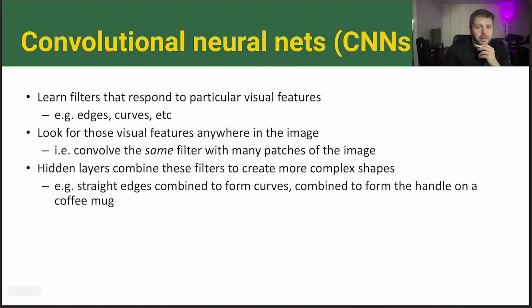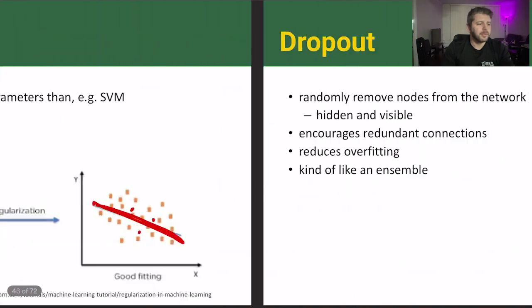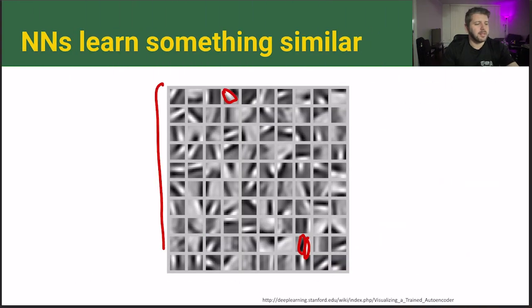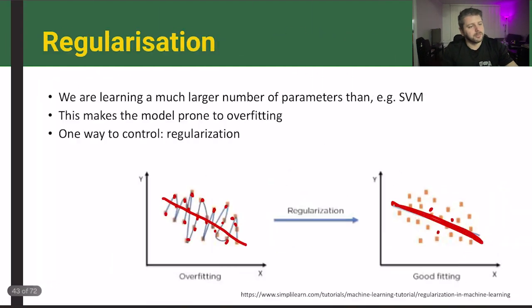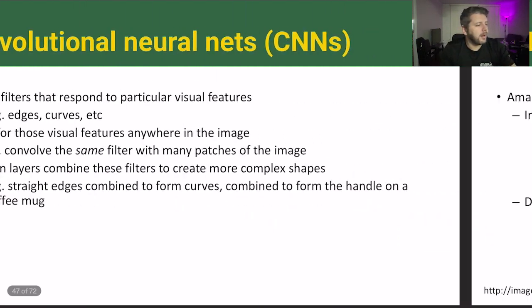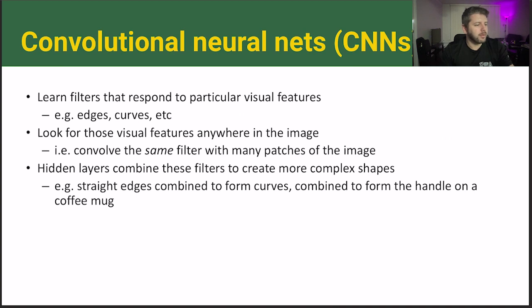And so how they work is they learn filters that respond to particular visual features, like edges or curves, what we saw in this map here. So this is like a set of feature vectors that are used to detect various basic shapes, because this would be from a very early layer of a CNN. And we would be able to find those features anywhere in an image.